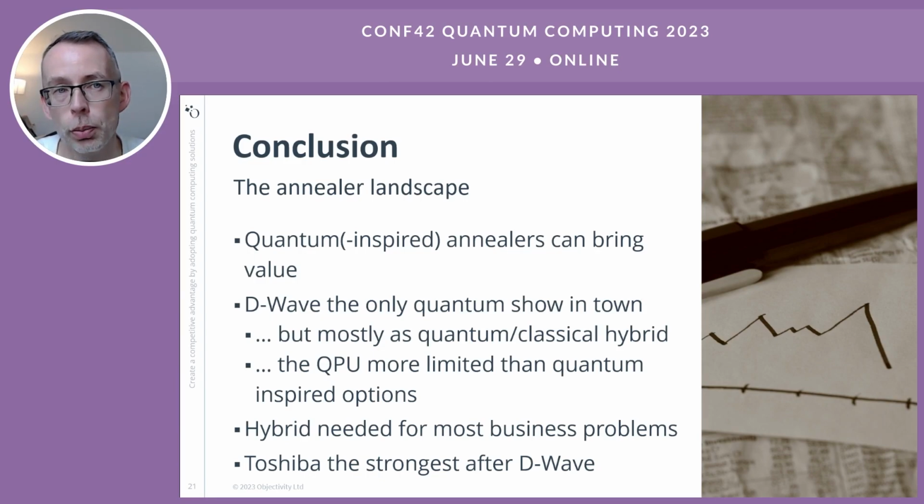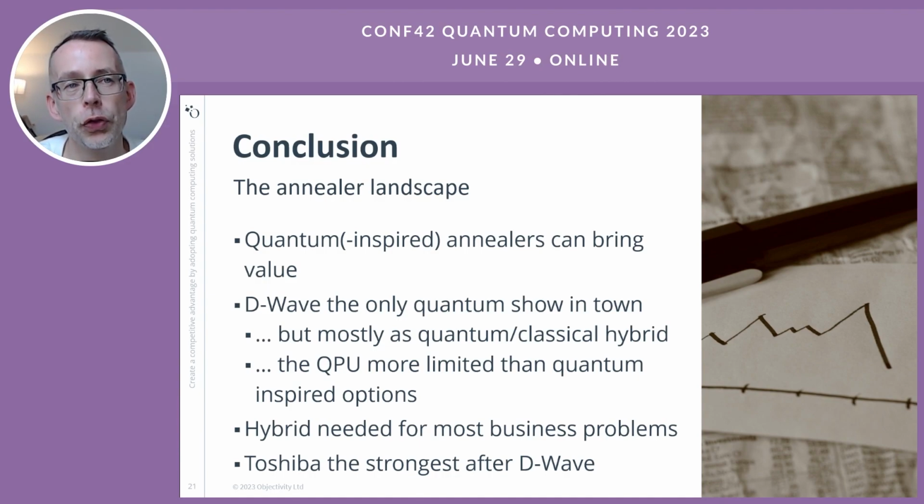For quantum annealers, D-Wave is the big show in town. Predominantly in their hybrid offering, their Leap Cloud service that combines classical resources with their QPU, that performs exceptionally well.